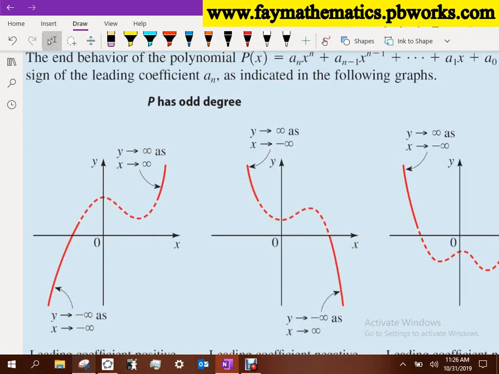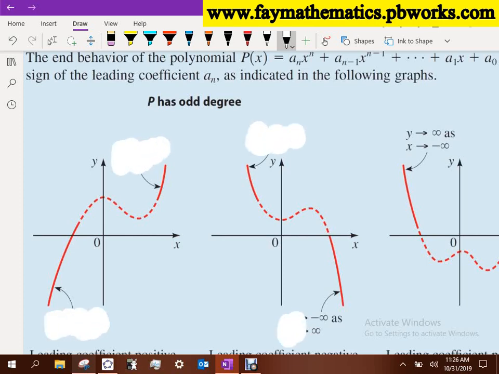So here's the idea, and I don't like the way they write this. I think it's backwards. I would write this. So I would draw these pictures. All right.